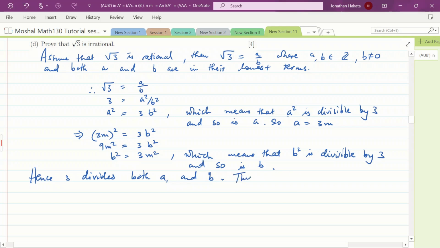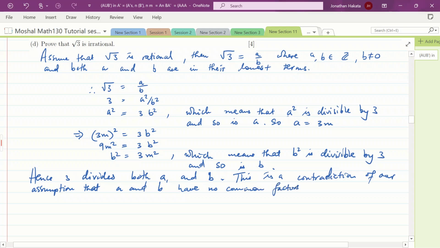So we say this is a contradiction of our assumption that a and b have no common factors. So root 3 has to be irrational.